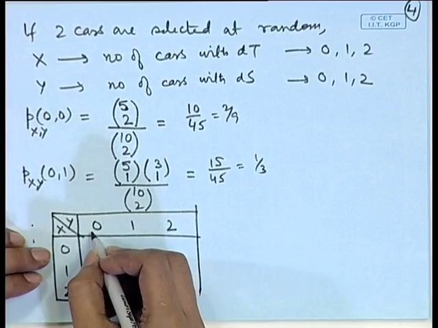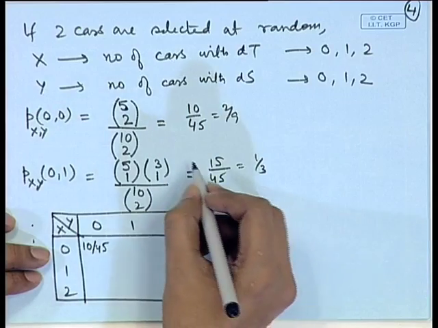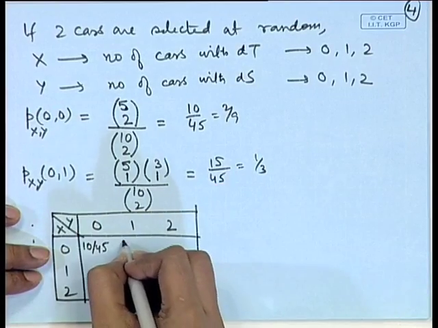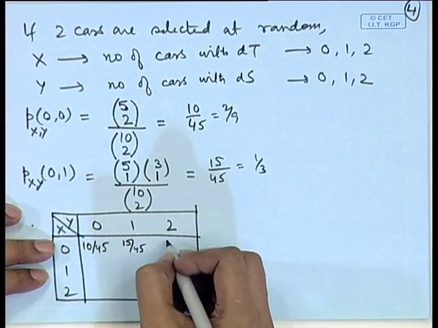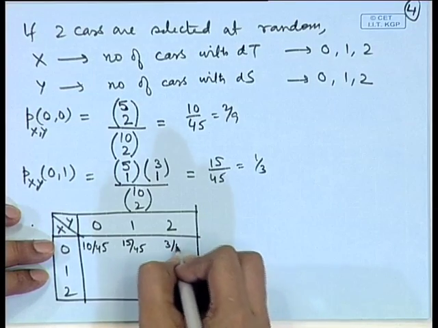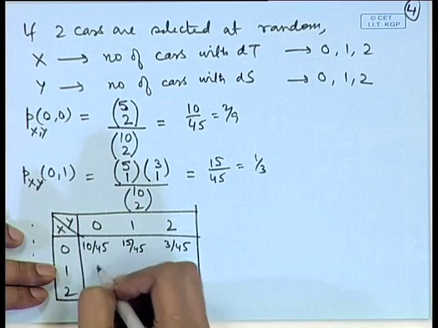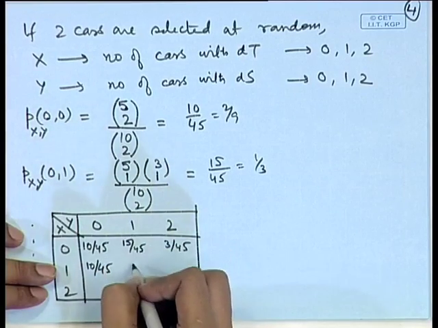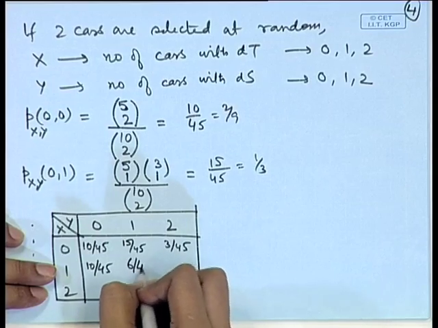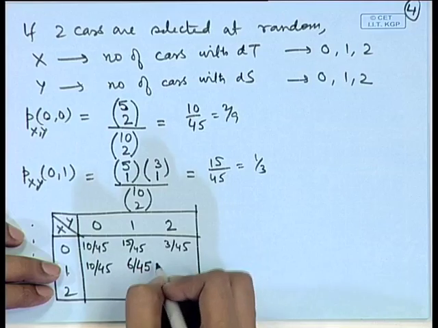The probability x equal to 0, y is equal to 0 is 10 by 45. The probability x equal to 0, y is equal to 1 is 15 by 45. The probability that x equal to 0, y is equal to 2 can be calculated to be 3 by 45. The probability that x equal to 1, y is equal to 0 can be calculated to be 10 by 45. x is equal to 1, y is equal to 1, 6 by 45. x is equal to 1, y is equal to 2 is not possible, because total selections are only 2.